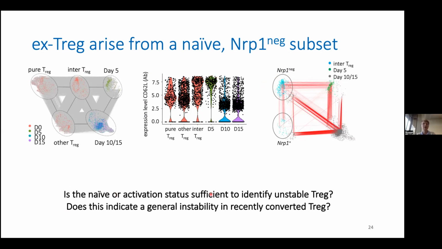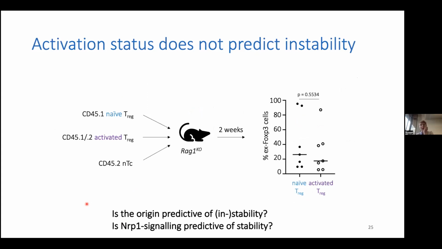So is it just sufficient to look at the activation status to identify unstable Treg? We looked at that. We just sorted naive versus activated Treg and put them into the mice. Two weeks later, no. Naive versus activated Treg, yes, there is a trend, but just by looking at naive T cells, likely because the unstable Treg are such a small population in a large pool of naive Treg, it is insufficient to predict instability.